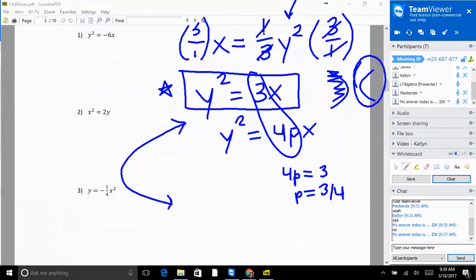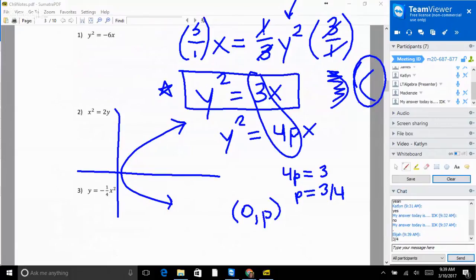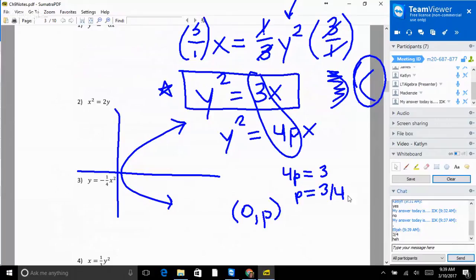Okay, so here's where it gets a little bit tricky though. Before, we would just automatically say that my focus point is at 0, p. But this parabola is actually opening this way. The focus is what the parabola moves about.